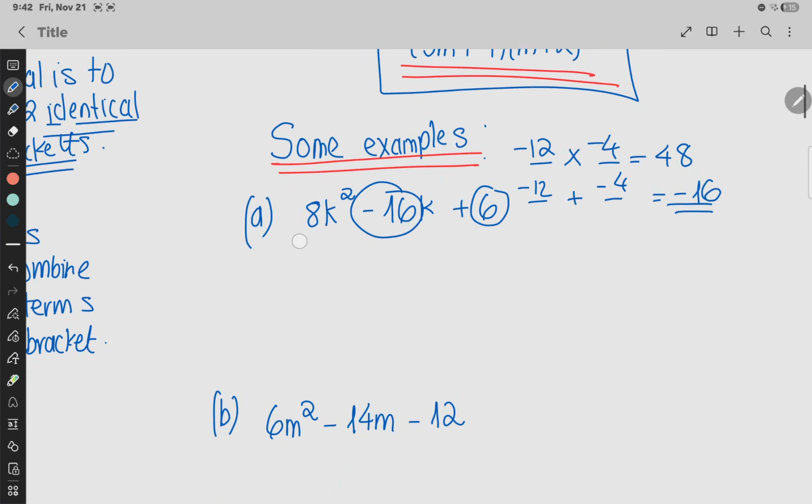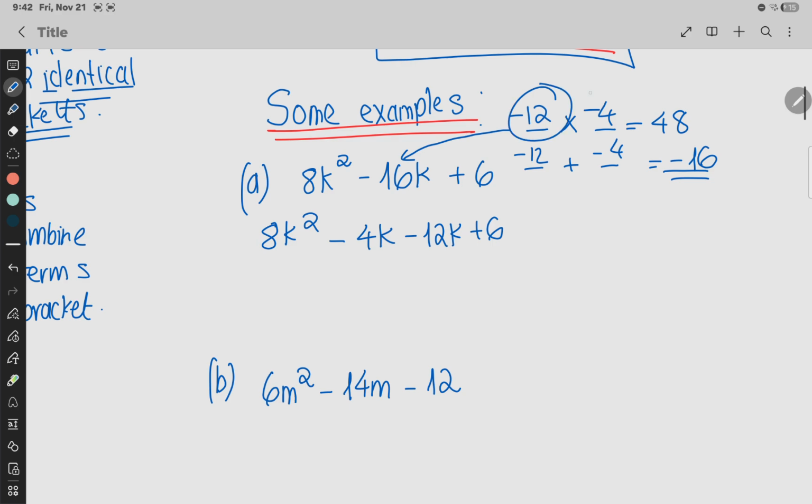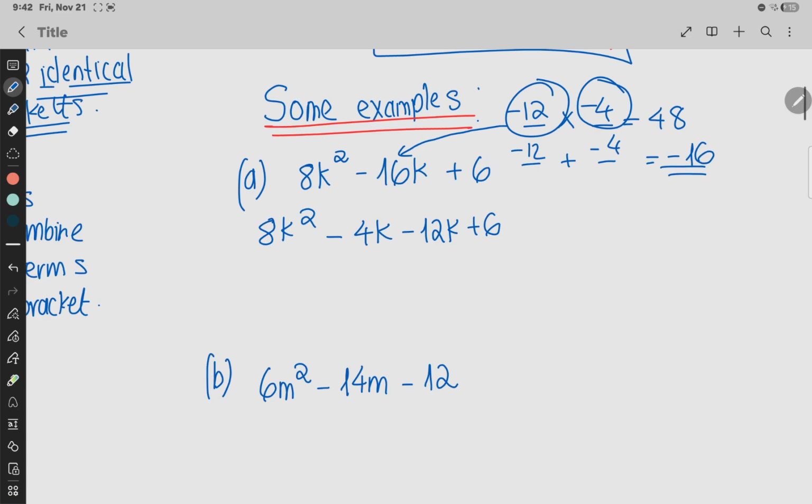Here we plug in these two values to replace b. So 8k squared minus 12k minus 4k plus 6. The arrangement of these two doesn't really matter. You can switch them around and you will get the same answer anyway.